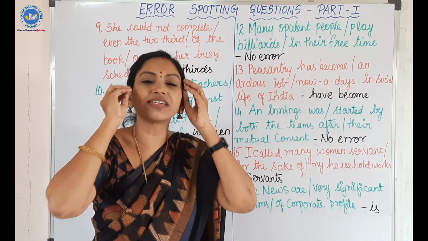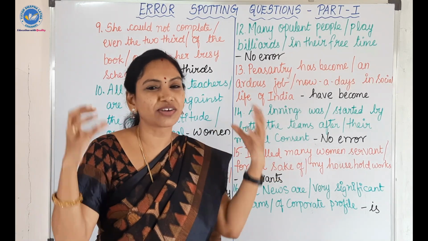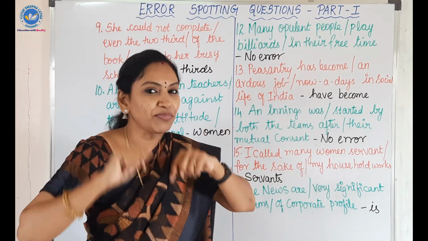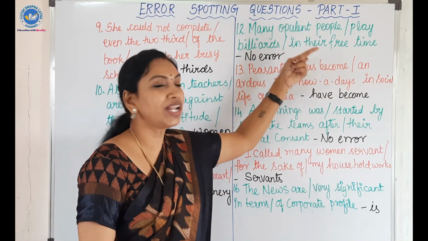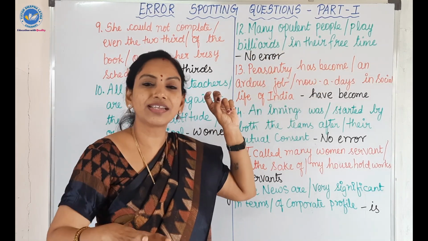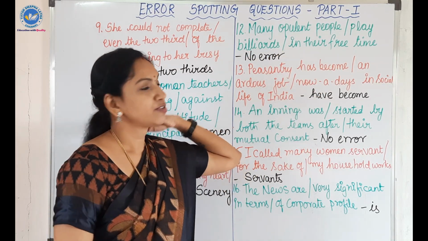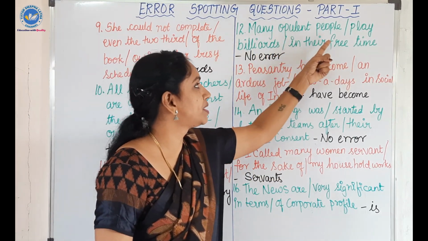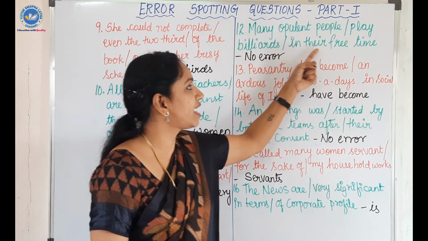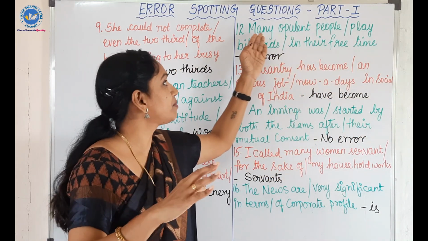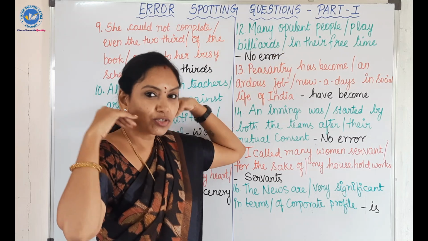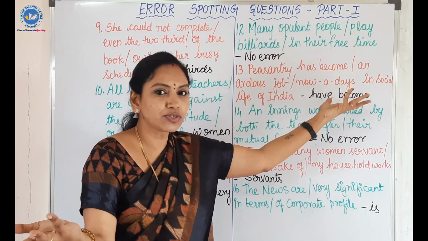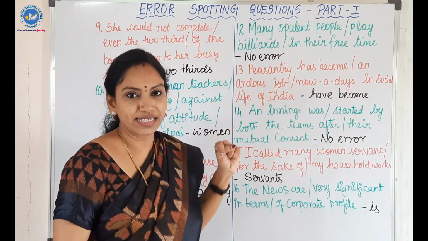We are always running after our job, work, family, everything. So we don't have time. So which type of people do they mean here? Opulent people, which obviously means rich people. So opulent means rich people. Many rich people play billiards in their free time. They are telling many, so plural, billiards. So there's no error in the sentence.